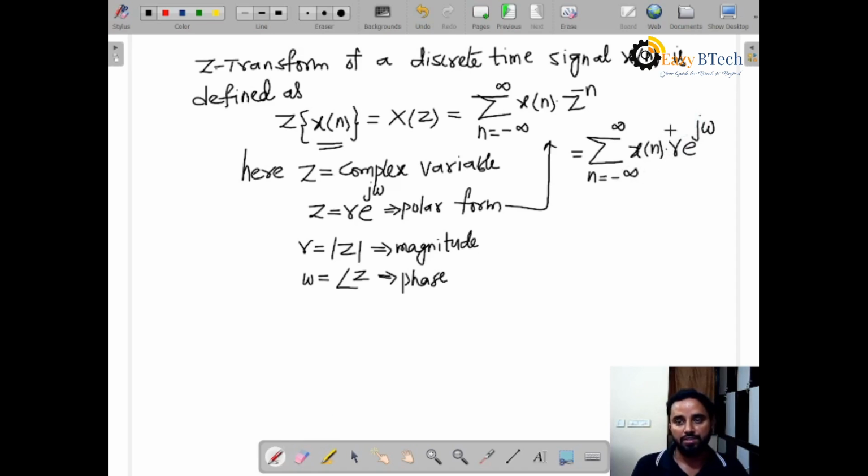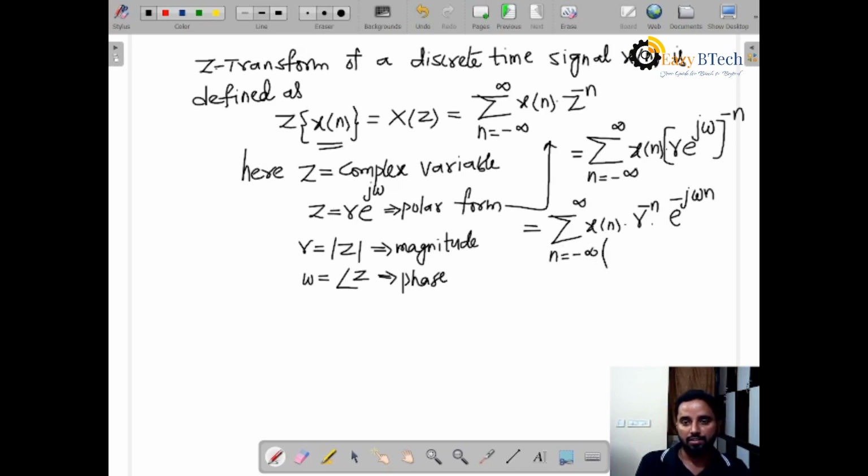In the place of Z, we are just substituting r e power j omega. This summation we can write as summation of x of n into r power minus n into e power minus j omega n.